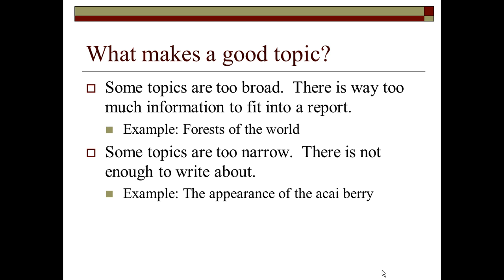For example, the appearance of the kiwi berry. That is very, very narrow, not enough information to find. So it's very important to think about something that's interesting to you, and also the right balance of not too broad and not too narrow, but a topic that you can write on and give enough information about throughout your science report.